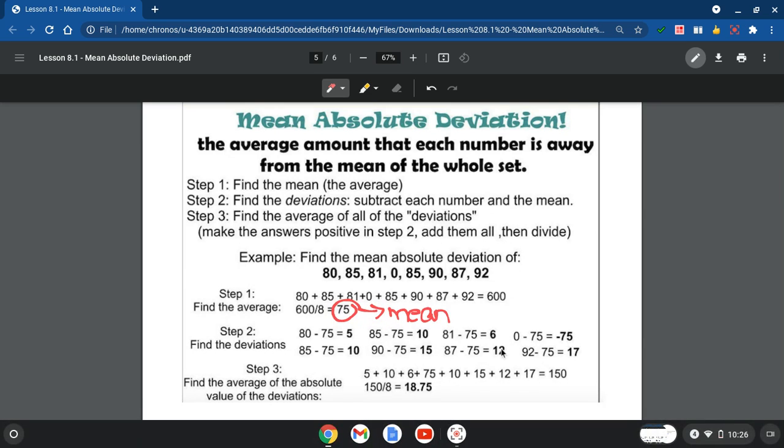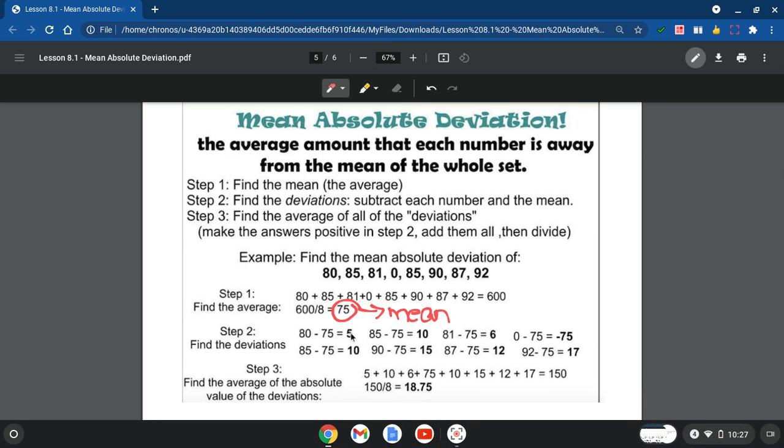So now that we have all of the deviations, or all of the differences between the mean and each of the values that were listed, we will now take each of these differences, or these deviations, and find the average of them all.